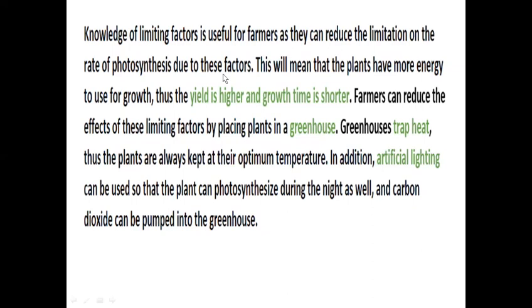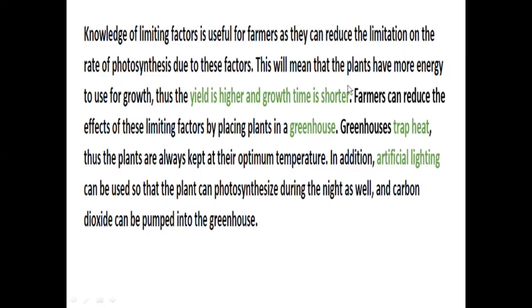If you visit a plant nursery, you'll see that some plants are kept in a plastic house, which we call a greenhouse. Why do they put them in the plastic house? Because these plants need high temperature for the working of enzymes. At high temperature, when the enzymes work, the rate of photosynthesis is very fast and they grow faster. More photosynthesis means more growth, so the yield is higher and the growth time is shorter.